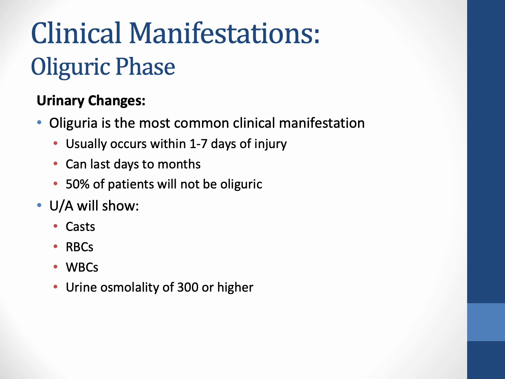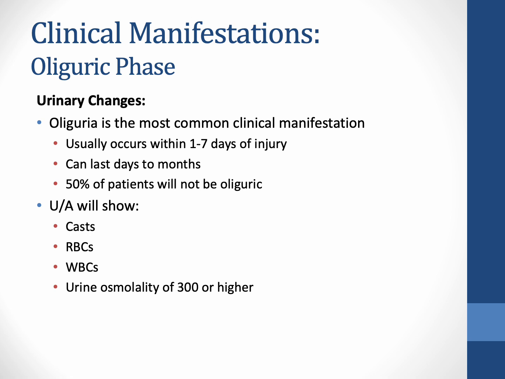In the oliguric phase, urinalysis may reveal cellular debris, which indicates damage to the kidney tubules. The presence of RBCs or red blood cells suggests potential damage to the glomeruli or kidney structure.